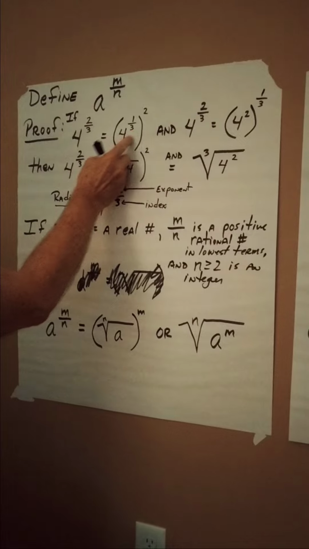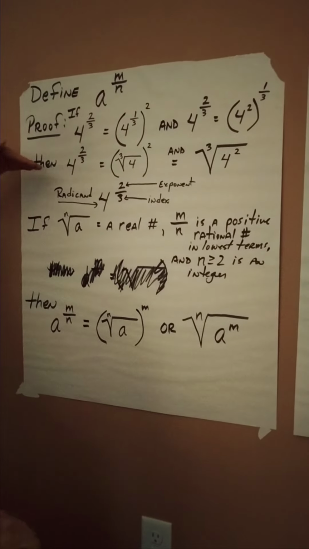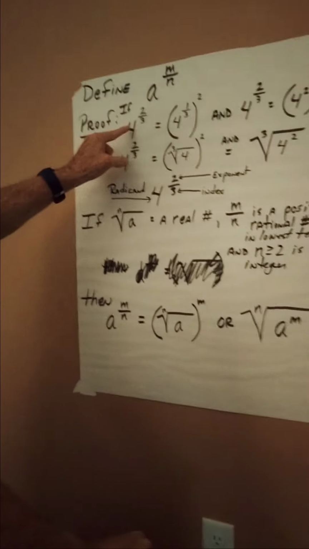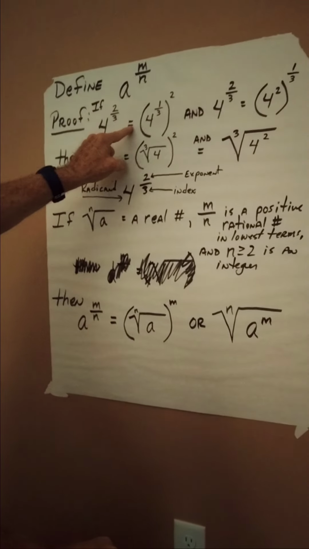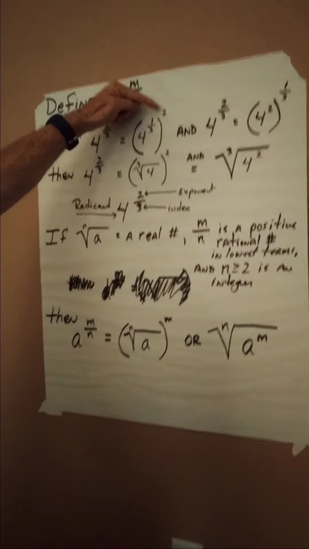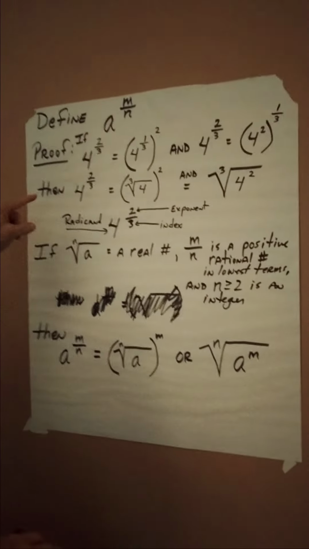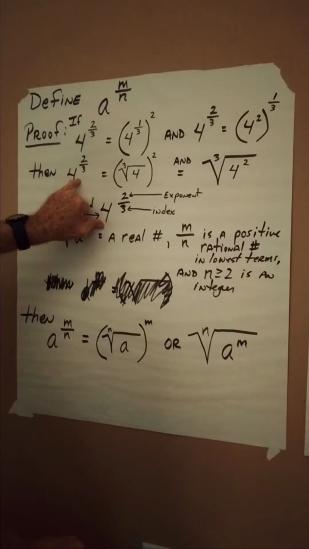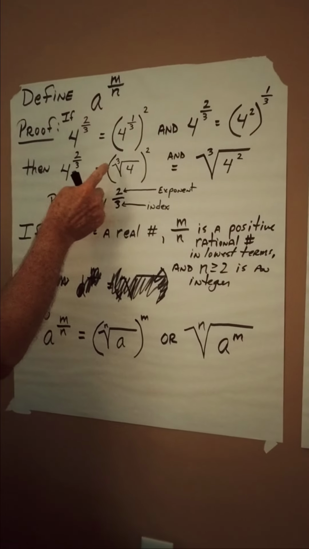We're going to come back to this statement. Let's go down to this next line. If 4 to the 2/3 is equal to the quantity 4 to the 1/3, squared, then 4 to the 2/3 should mean the following.